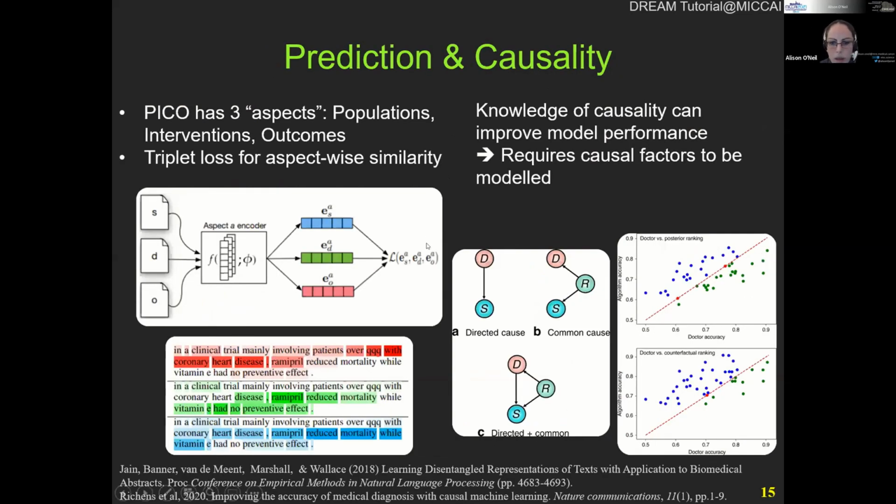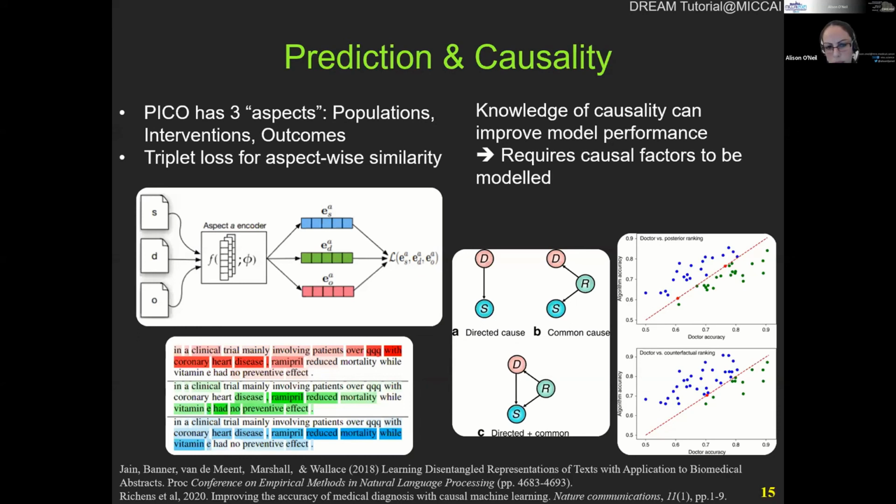And finally, here are some examples as we move towards wanting to make predictions about patients and causality. On the left, I'm showing a paper where they were looking at retrieval of texts, and they explicitly separated the text into the aspects of populations, interventions, and outcomes. When they wanted to retrieve on the basis of those aspects, it gave better performance.